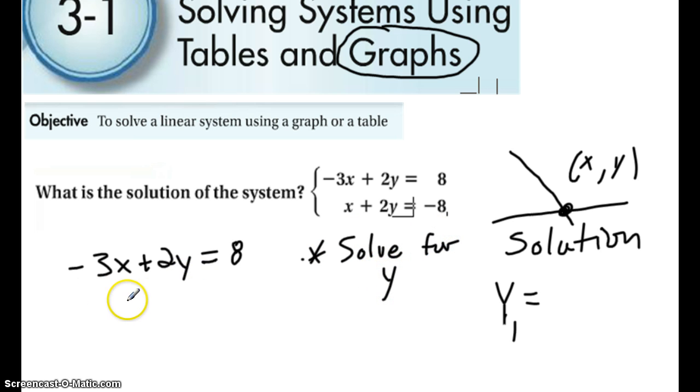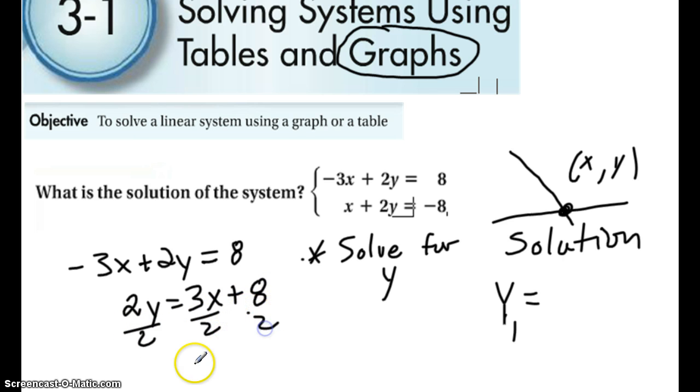Add 3x. Then divide by 2. Divide everything by 2. So you're going to have y equals 3 halves x plus 4. And this is what you would plug into y1.